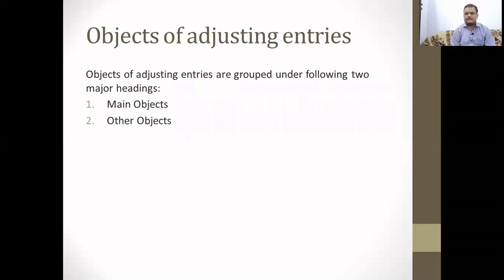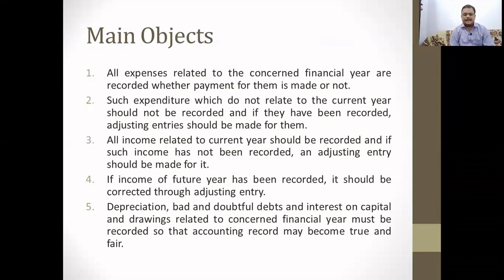So what are the objectives of preparing the adjusting entries? We can classify them into main objects and other objects. Now see, the main object: all expenses related to the current financial year are recorded whether payment for them is made or not.